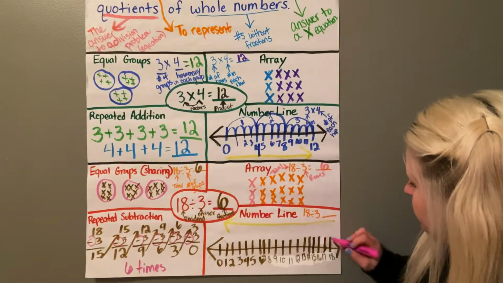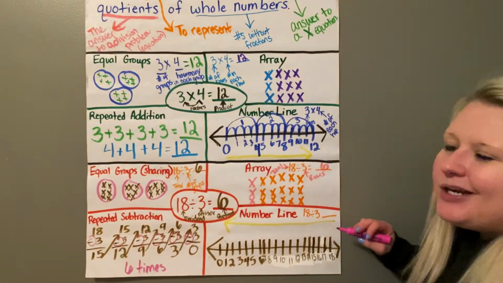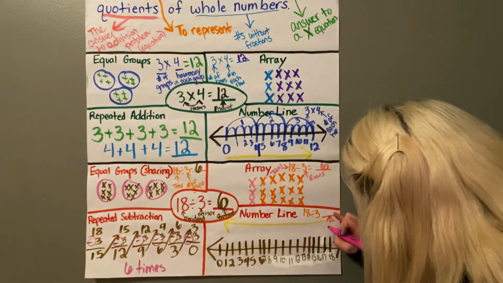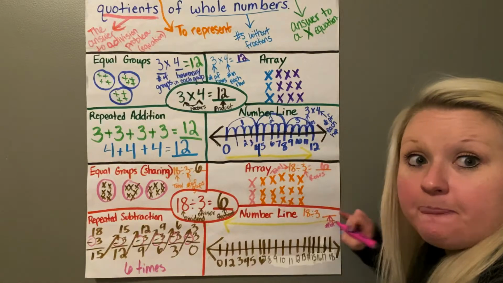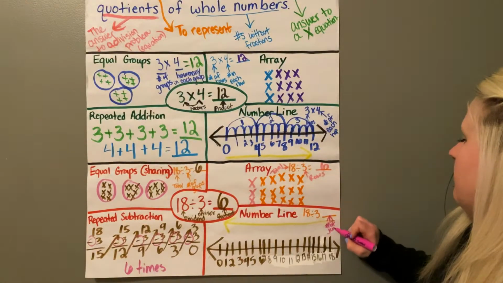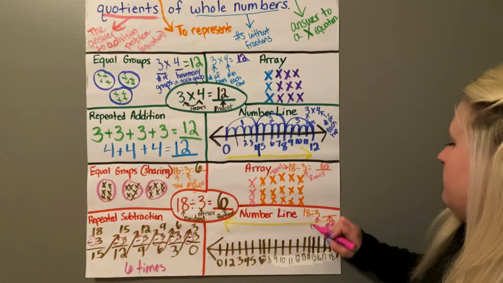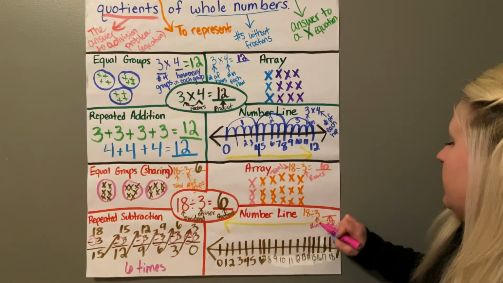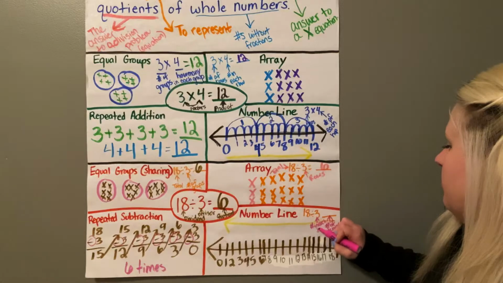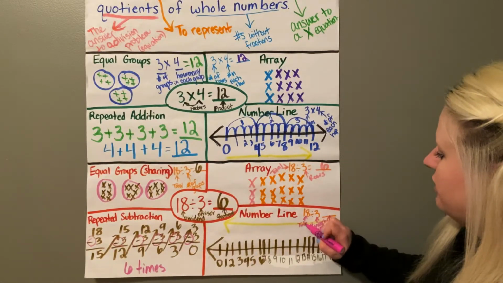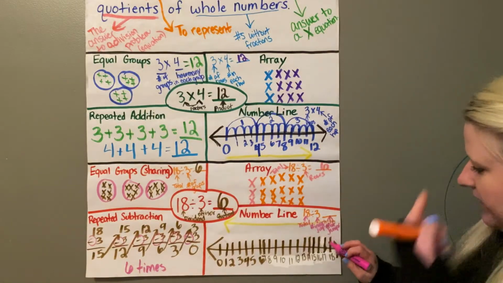So that means we don't know how many jumps we're going to be taking. So this is going to be our number of jumps. Number in each jump or hop. And then, of course, here's our total. That's what we're going to start with. So we're going to start with 18.